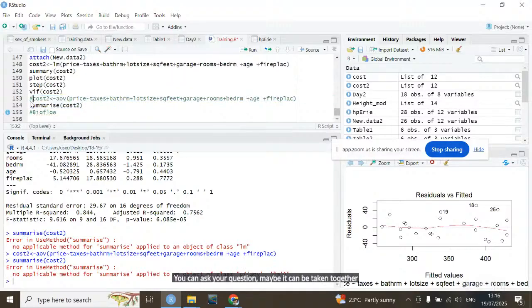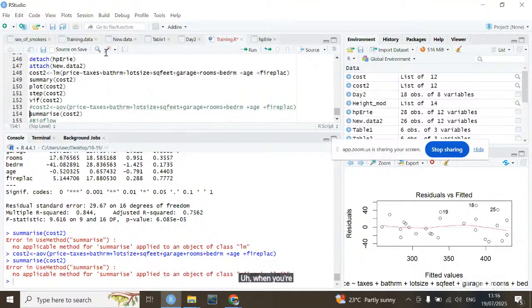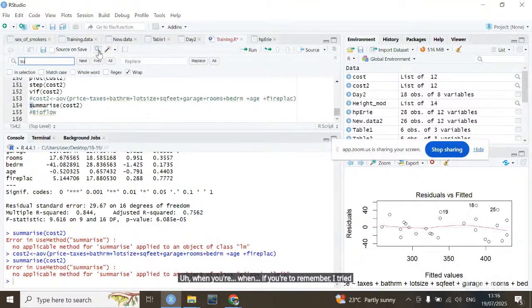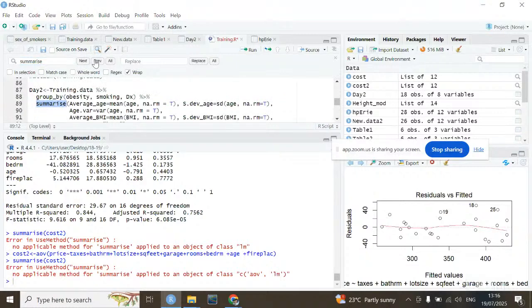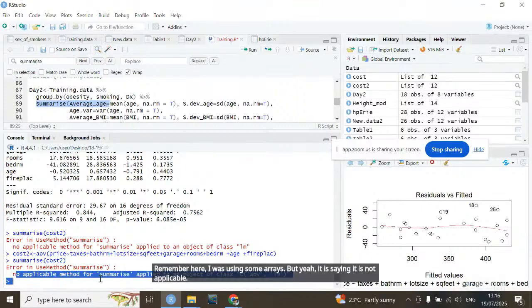Okay, doctor, let me try to explain this. If you remember, I tried using summarize. Remember here, I was using summarize, but here it is saying it is not applicable.